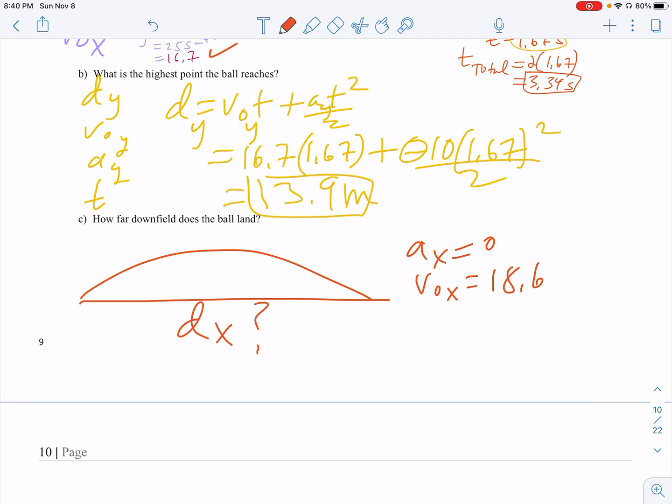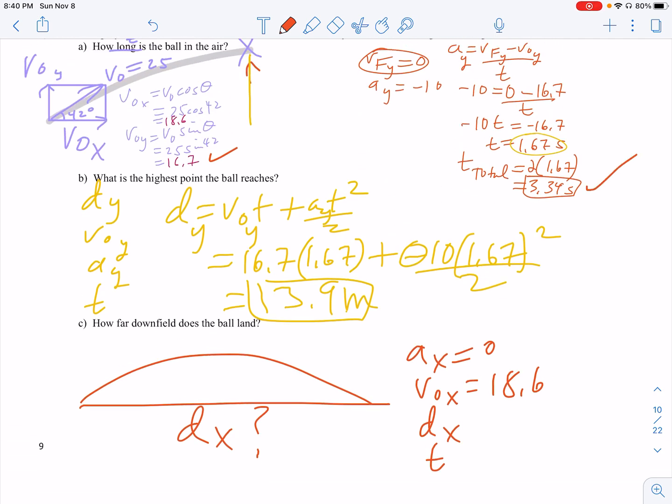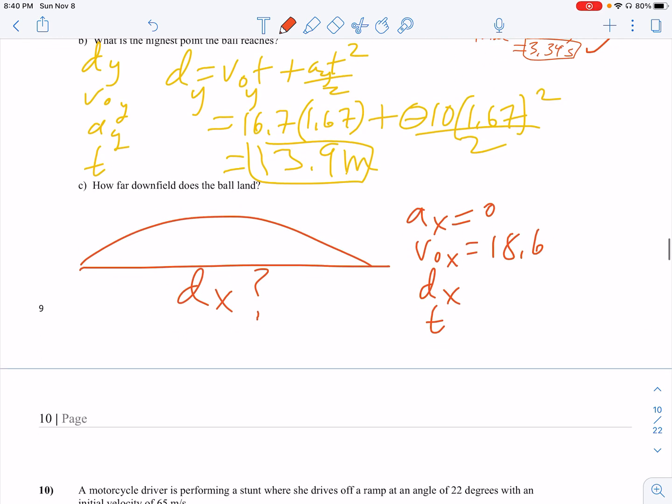What else do I know? dx I'm looking for. I know the time. Now I'm going to use the full time, right? Because it has to go all the way downfield. Okay, so I know that's 3.34 seconds.